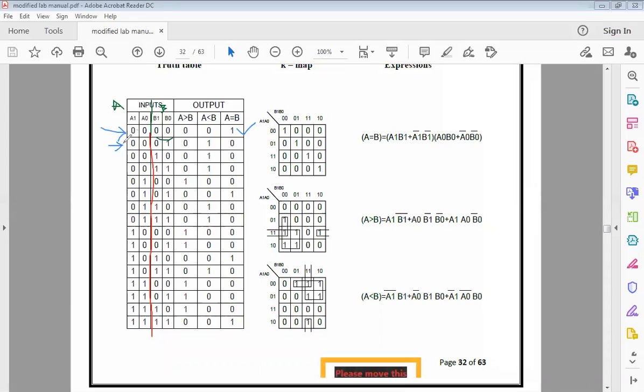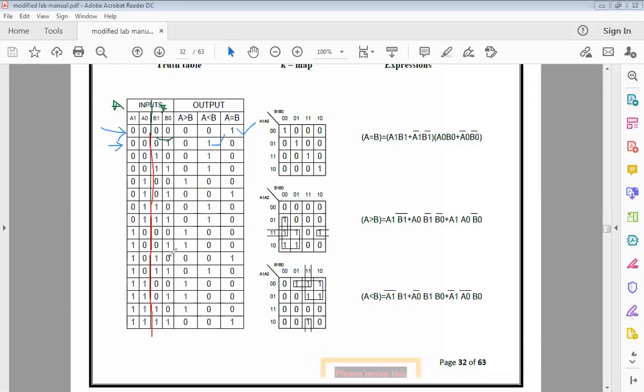It's only 0, right? And what about B? 1. Yes, so B is 1, having a higher value, so it tells us that A is less than B. So this is how you are comparing between the values of A and B. I hope this truth table is understood, right?